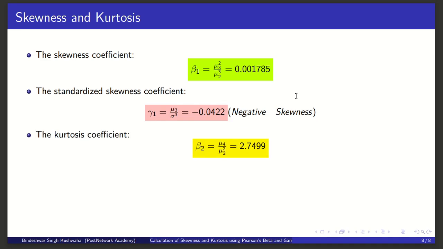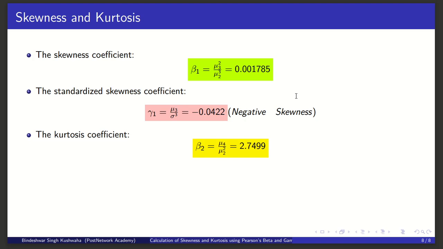The kurtosis coefficient beta 2, that is mu4 upon mu2 square, is equal to 2.7499, and you can understand if beta 2 is equal to 3, it is like a normal curve, so there is no excess kurtosis, but here it is less than 3.